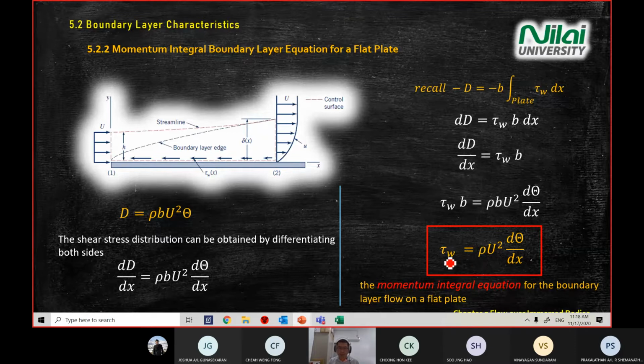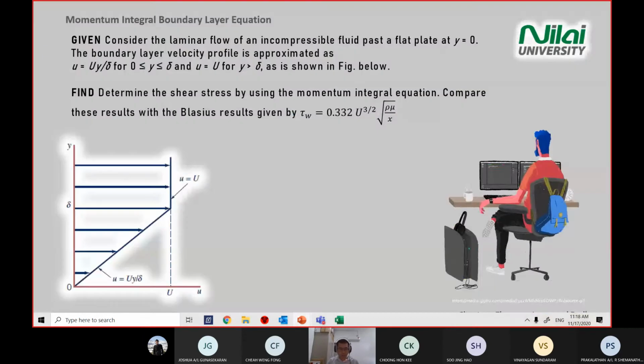This is important for laminar flow over a flat plate and also important for your assignment number 1. Let's look at question 18. Maybe we'll go for 2 examples up to question 19, then we stop and continue on Friday.